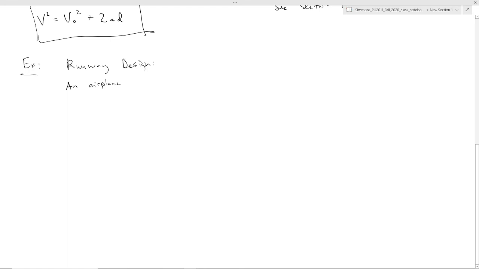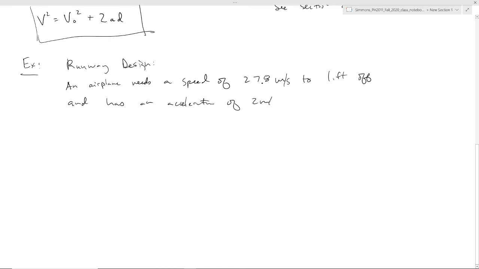Suppose you have some airplane that needs a minimum speed of 27.8 meters per second to lift off, and has an acceleration of 2 meters per second squared.